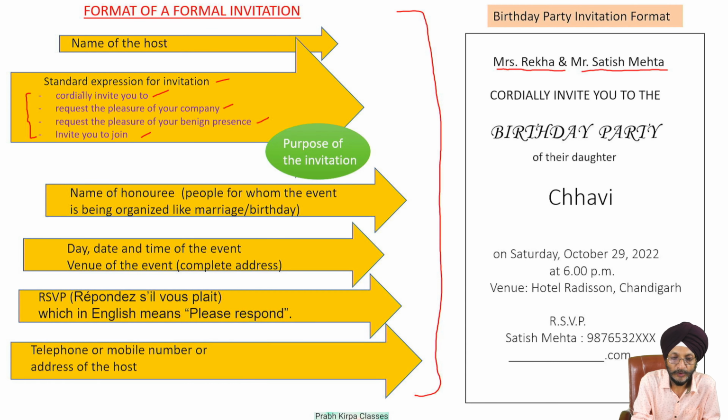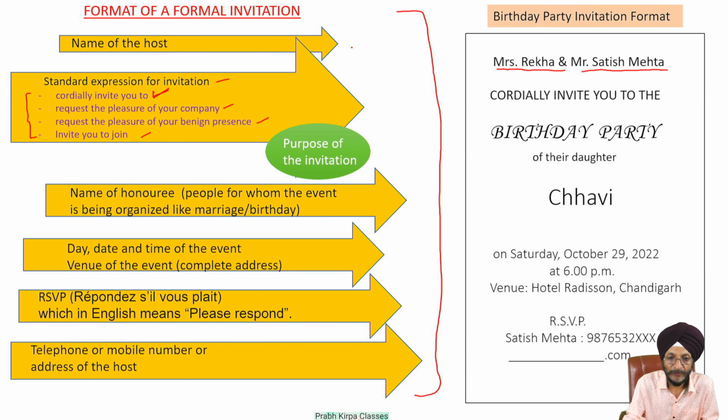Not to write all of this. You can opt for any of these. Normally, it is suggested you write: cordially invite you to. It seems to be the best. However, it is your own preference.